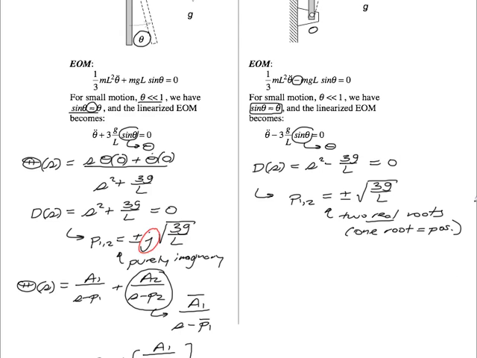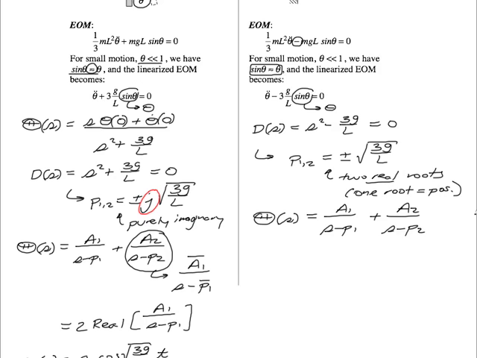Because what we have then is our transformed response, theta of S, distinct poles. We get A1 divided by S minus P1, A2 divided by S minus P2. Here the roots are not complex conjugates of each other. They're not going to produce cosines and sines.